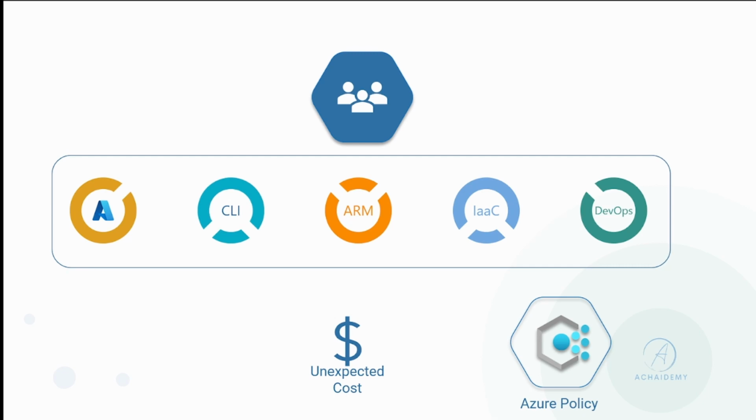The conditions could be not allowing a particular resource to be created in a location where the application need not be, blocking a region from being selected, a particular SKU to be selected, and various other scenarios.